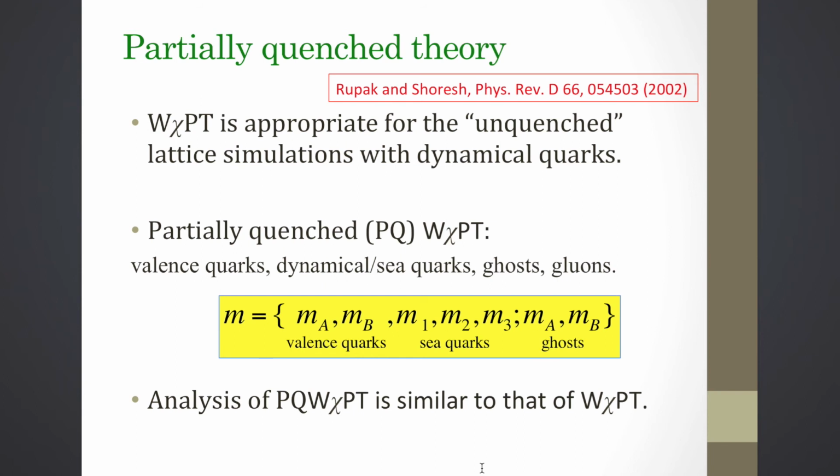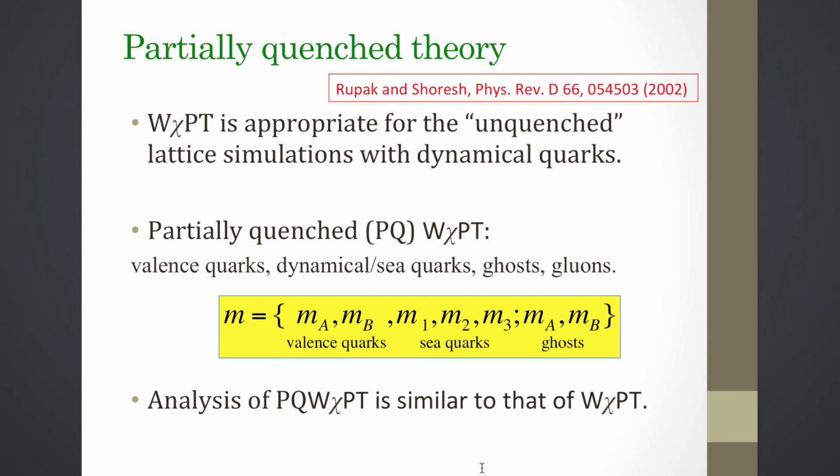So we will have valence quarks, dynamical quarks or sea quarks, ghosts and gluons. In principle, the valence quarks, dynamical quarks, and the ghosts should have the same mass. But in practice, people set the dynamical quarks to have different mass from the valence quarks so that they can have a larger parameter space.